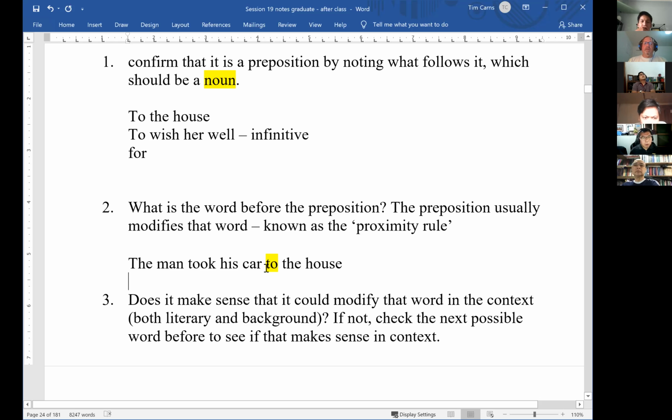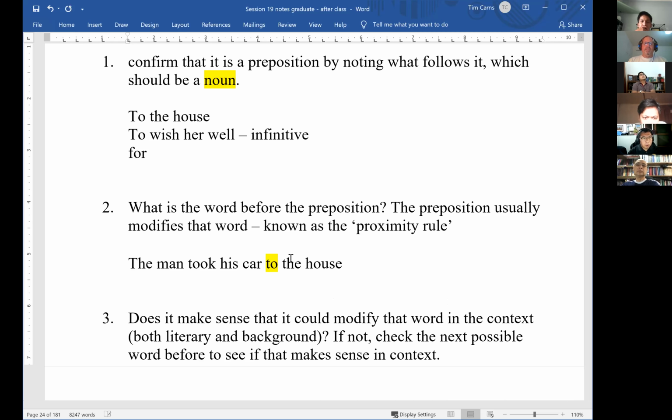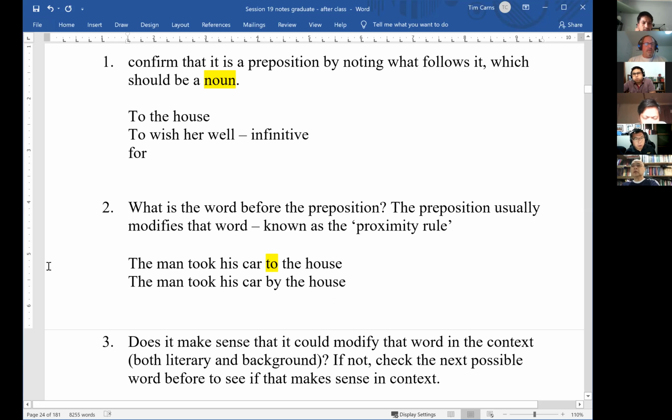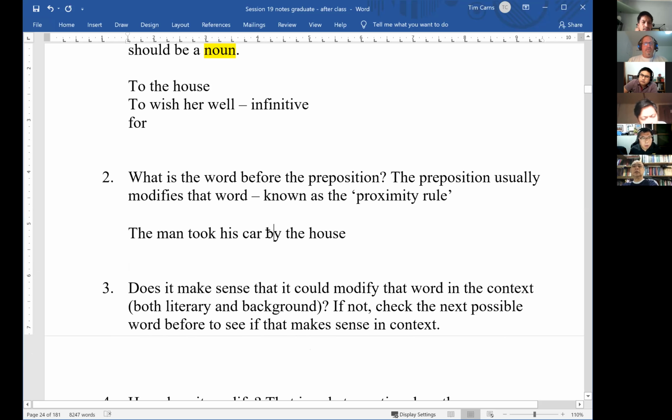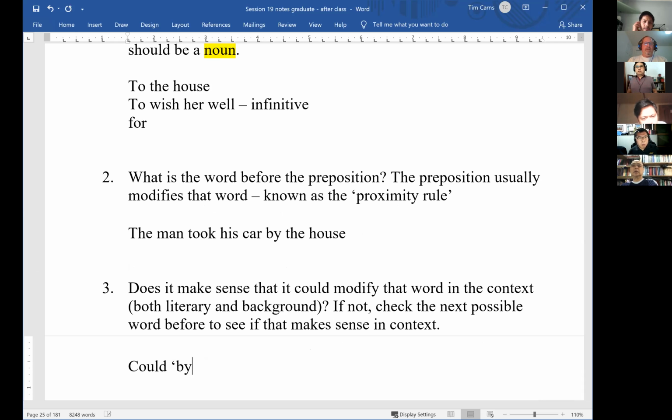It would make more sense as far as a direction. Maybe let me use this as my example. Might be a better, more clear example. I'll do "by." Could it make sense that "by the house" could modify "car"? Could "by the house" modify "car"? What do you guys think?